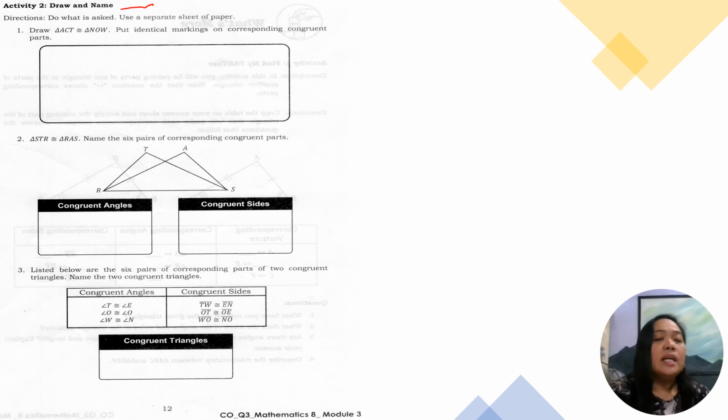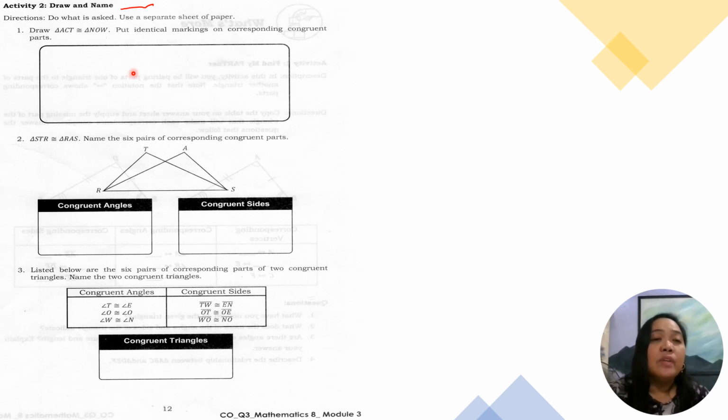Given already that triangle ACT is congruent to triangle NOW, you are asked to draw these two triangles and put the identical markings.